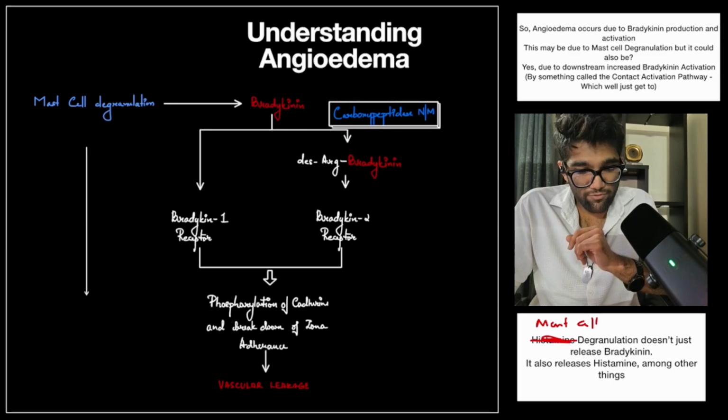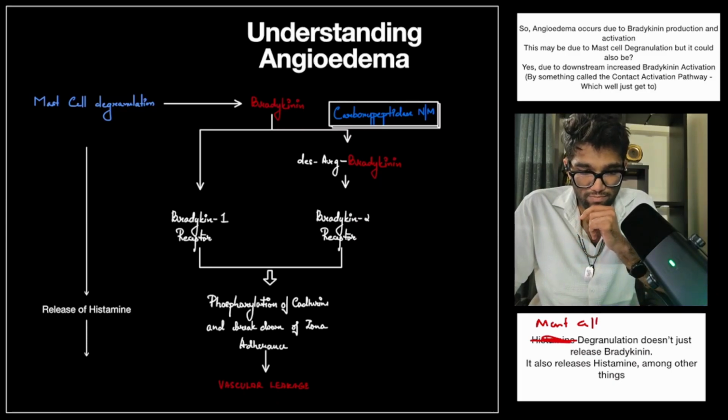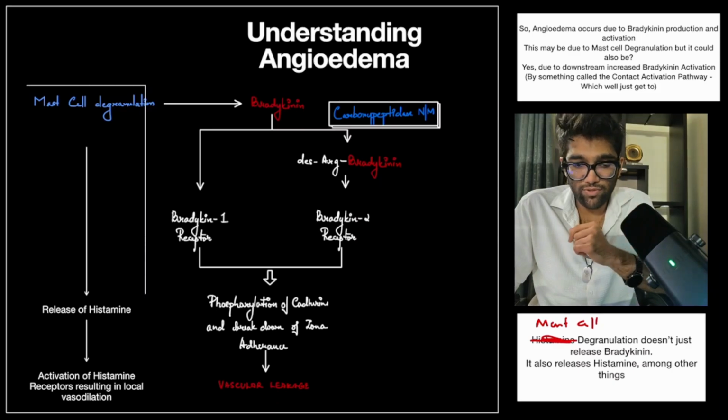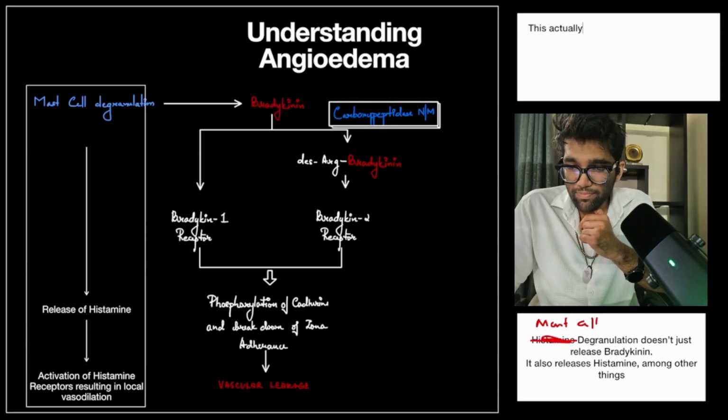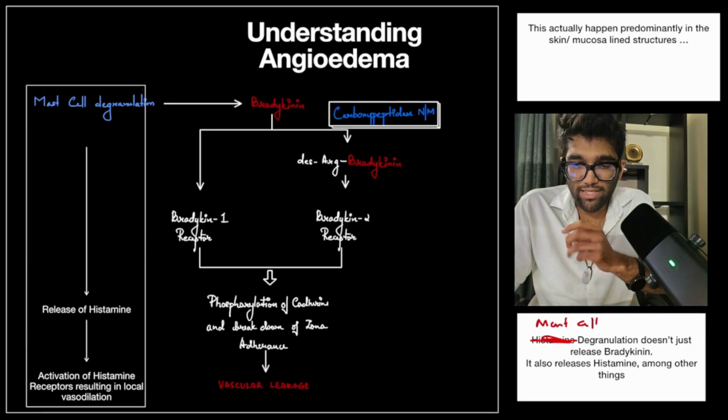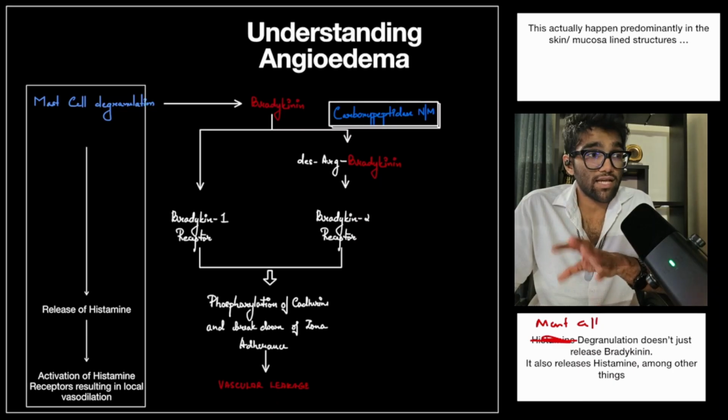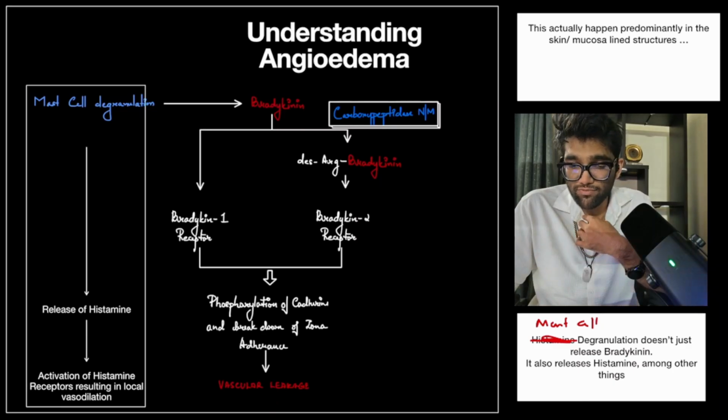Therefore, we have release of histamine from these degranulating mast cells. That histamine causes activation of histamine receptors, resulting in local vasodilation, as we just saw for urticaria. And this actually happens predominantly in the skin and mucosal lined surfaces, unlike angioedema, which happens in deeper surfaces.